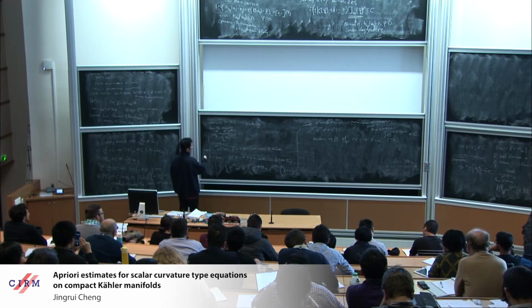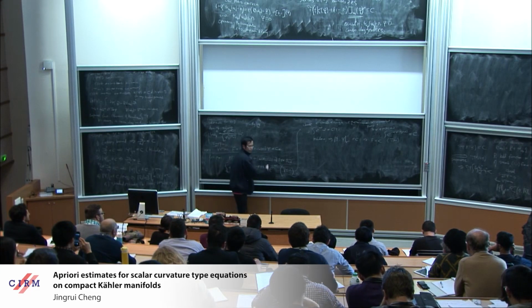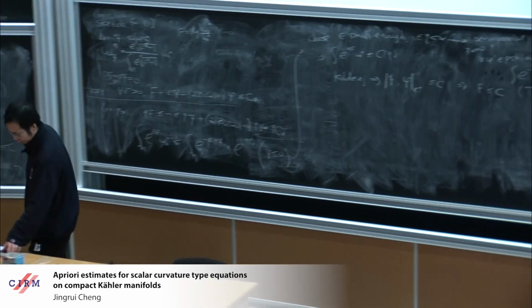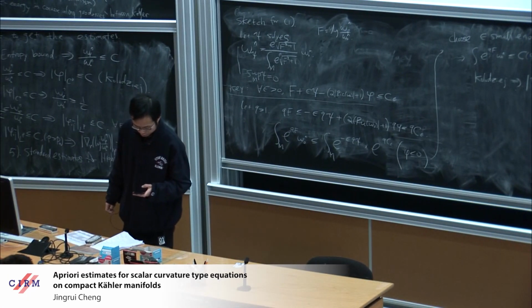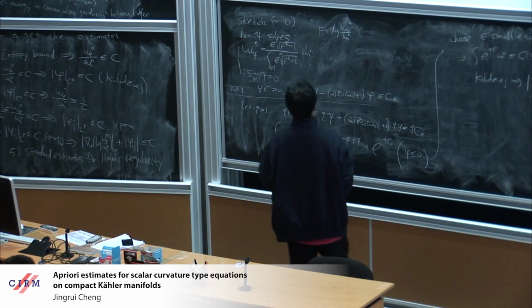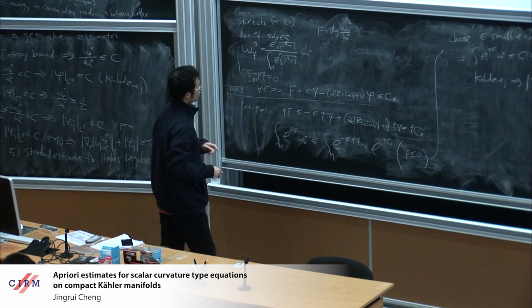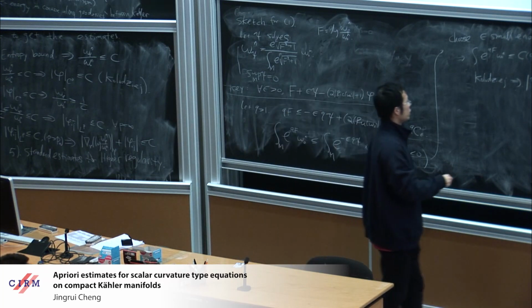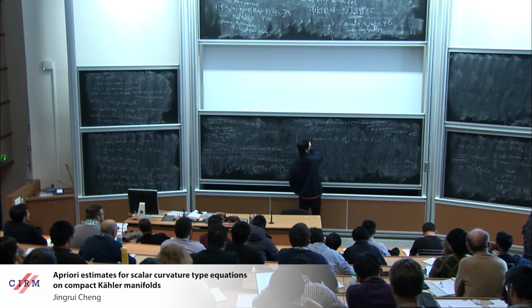So we will see how to get this key estimate. Okay, so how to get the key estimate? Here psi solves this problem, and then we will do the following calculation.